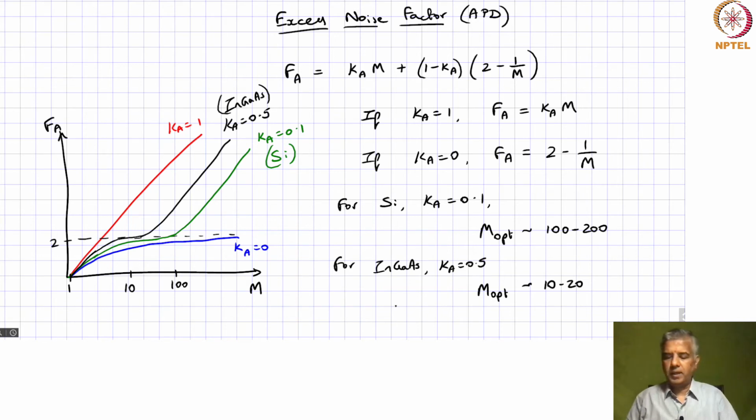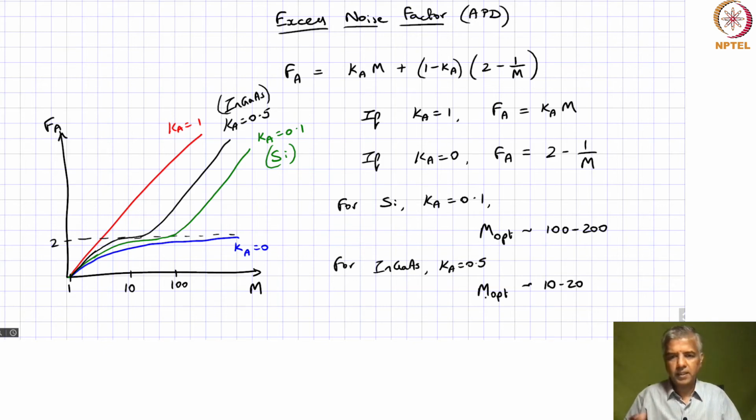Okay. There are some specific conditions under which you could possibly push this slightly, like cooling the diode and all that. I will tell you a little later as to why that makes sense, but you could possibly improve the optimum value for indium gallium arsenide to maybe 30 or 40 by cooling the diode. Okay, we'll come back to that later.